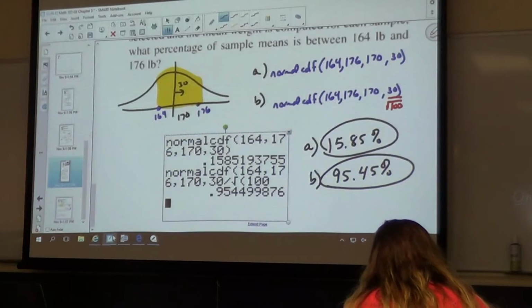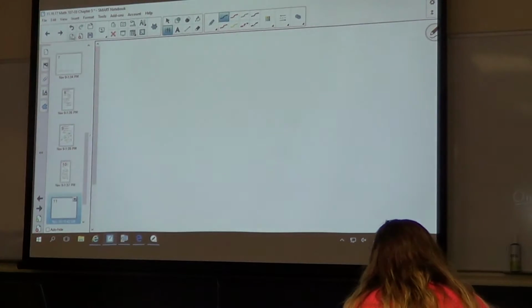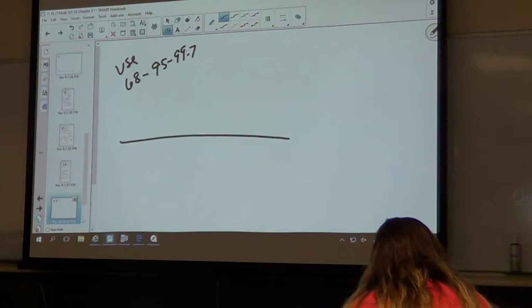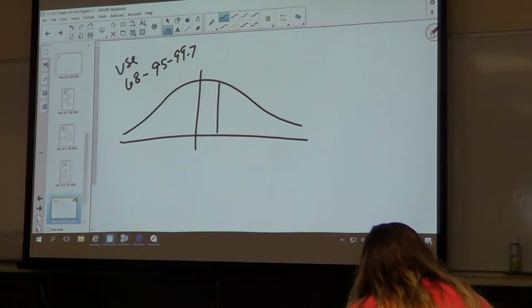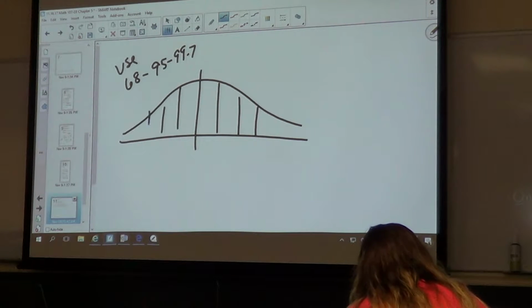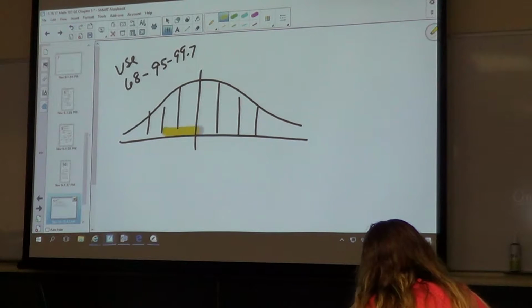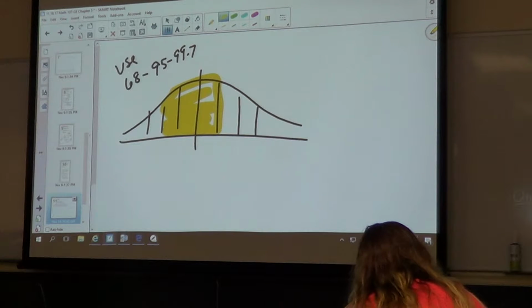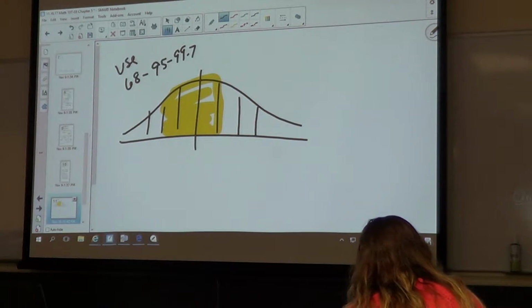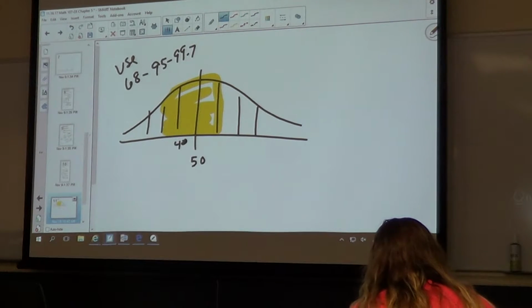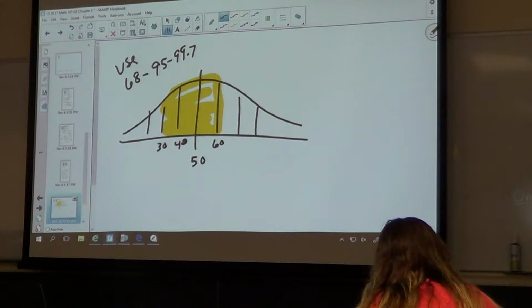If the test is multiple choice, on your homework you can't do this, but on the test, if I tell you to use the 68, 95, 99.7 rule, and let's say the values are 30, 40, 50, and 60.